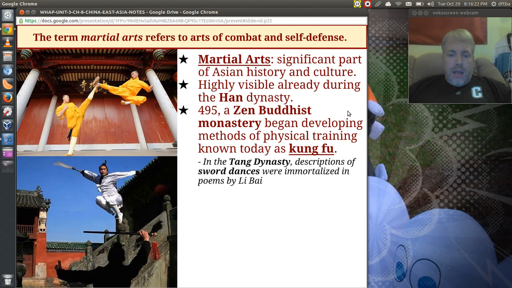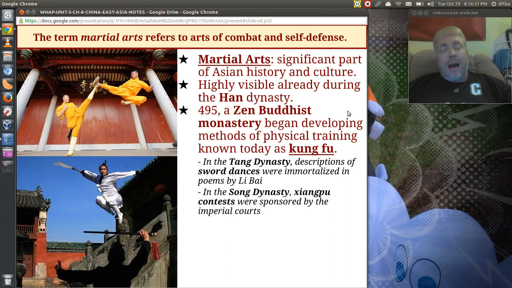In the Tang Dynasty, descriptions of sword dances were immortalized in poems by Li Bai. In the Song Dynasty, contests were sponsored by the imperial courts.